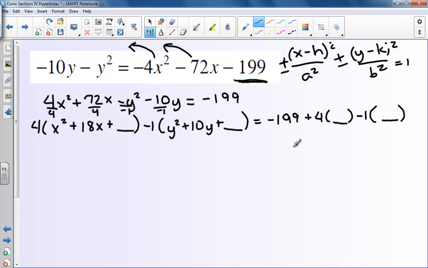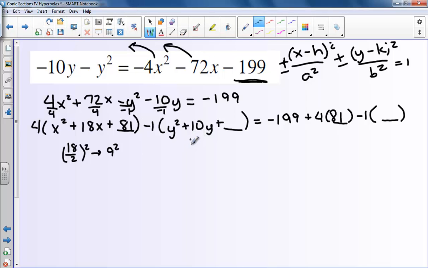So I'm actually going to be subtracting that second term. And then let's go ahead and find our b over 2 squared for this one. So here's my b value, so it's going to be 18 over 2 squared, which is 9 squared, or I'm adding 4 times 81 to both sides.